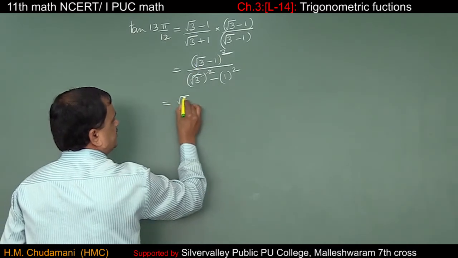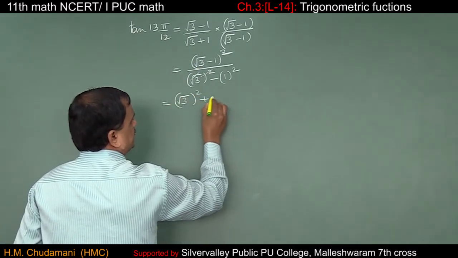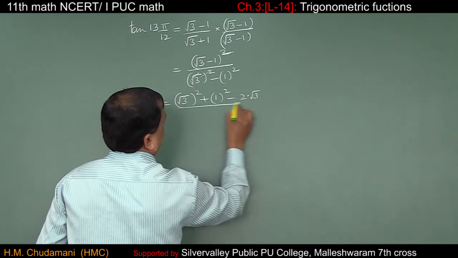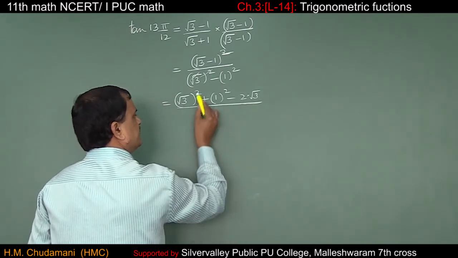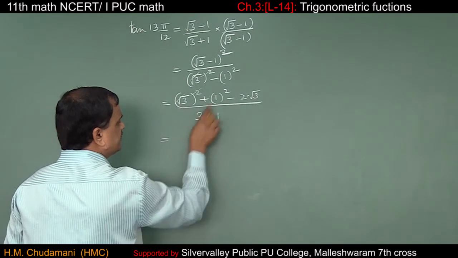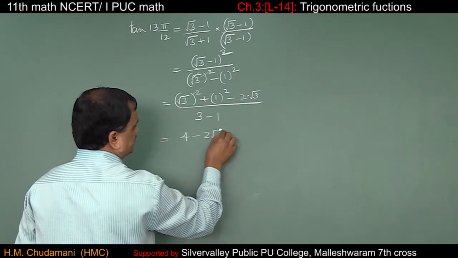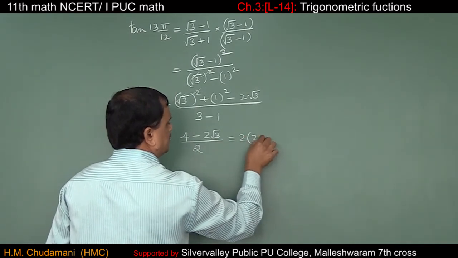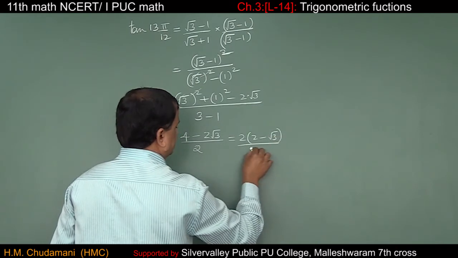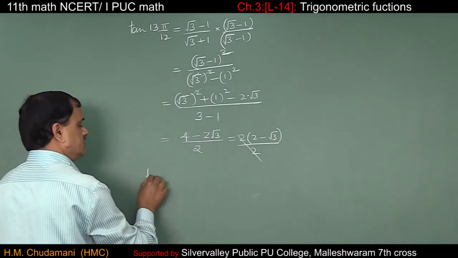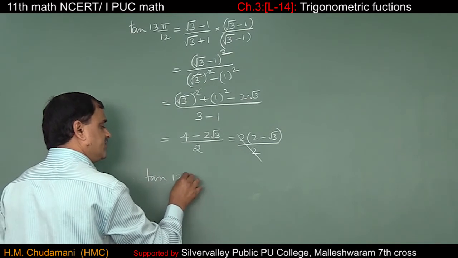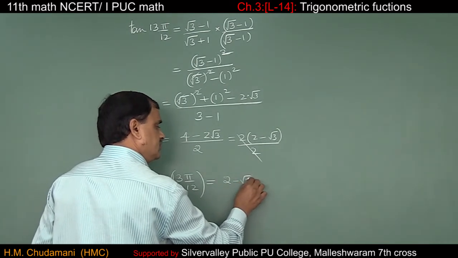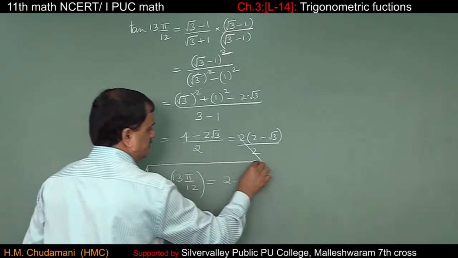Expand that: a square plus b square minus 2ab divided by 3 minus 1. The square and the square root get cancelled. 3 plus 1 is 4 minus 2 root 3 divided by 2. If I take 2 common, 2 minus root 3 divided by 2. Therefore, tan of 13 pi by 12 is 2 minus root 3.